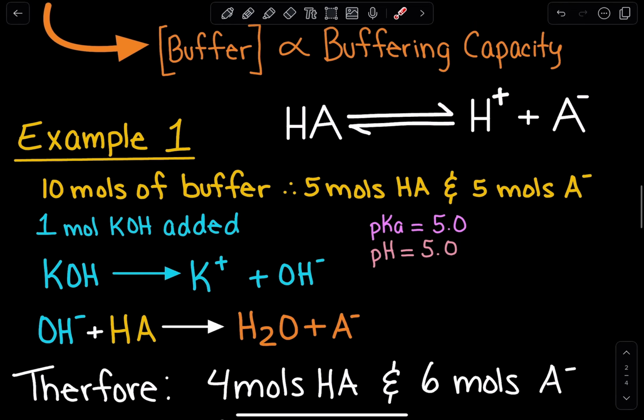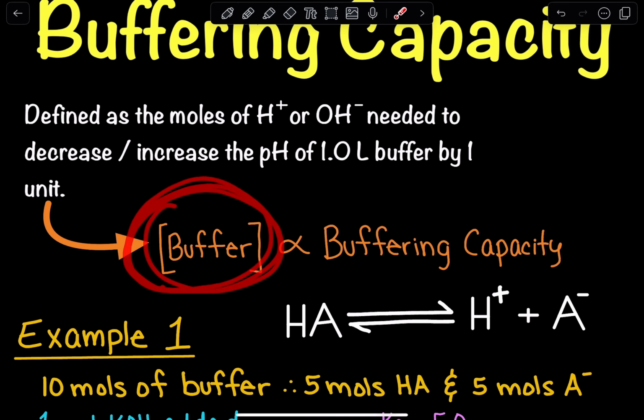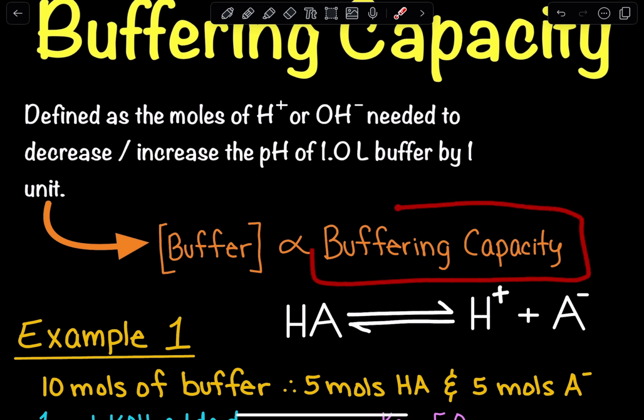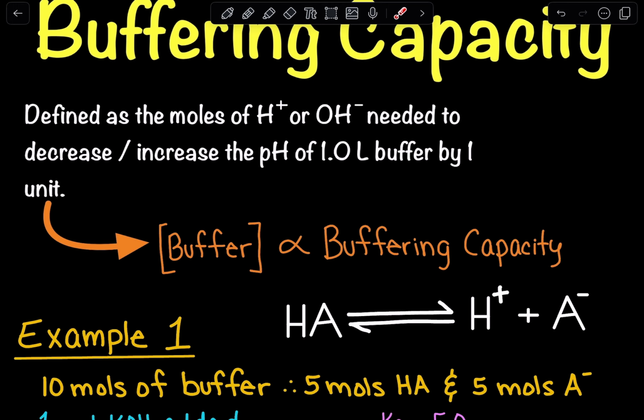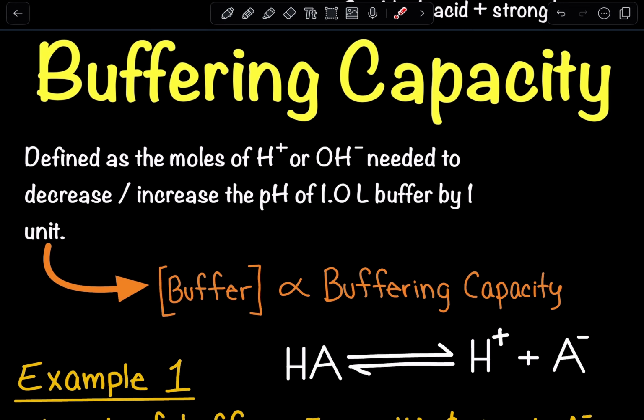Now this correlates to what I said in the beginning. So concentration of buffer, the amount of buffer that we have, is directly proportional to the buffering capacity of the buffer. So if we want to minimize the change in pH of a buffer, the more buffer that we have, the lower the change in pH. And that is essentially buffering capacity.